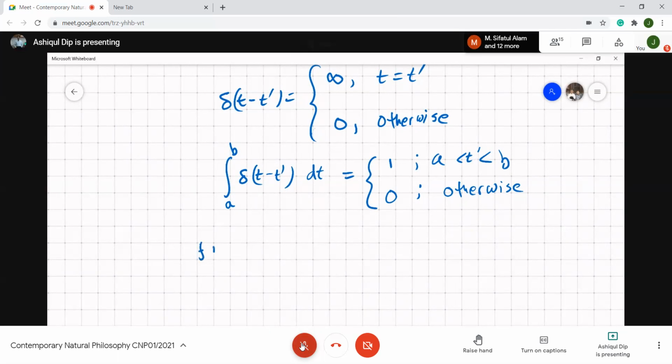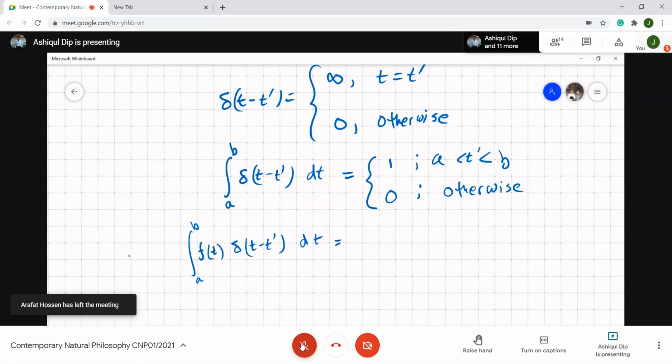Say we have a function f of t, and you multiply it by delta of t minus t prime and integrate over some limit a up to b, where f of t could be defined outside of this limit, but it needs to be defined at least inside it, from t equals a to t equals b. In that case, we get f of t prime over that limit.